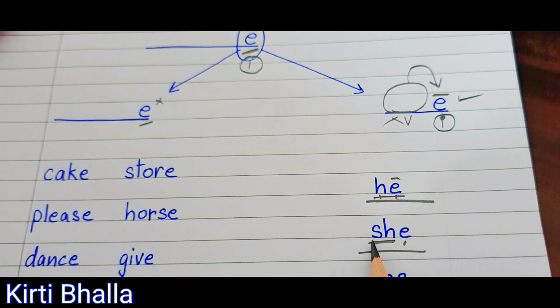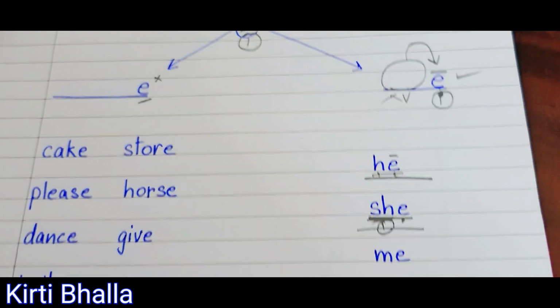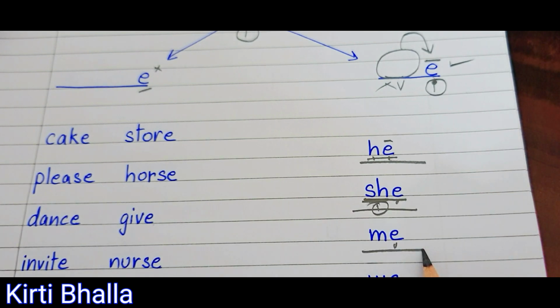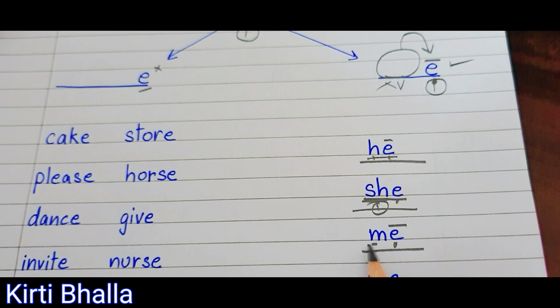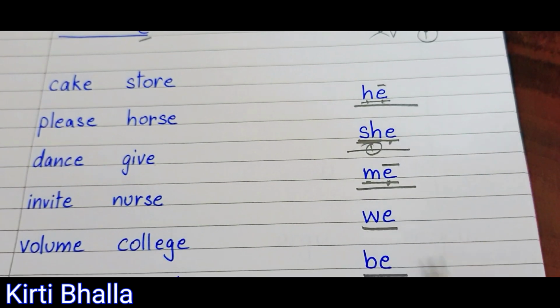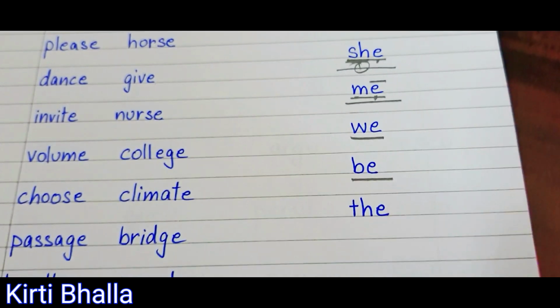So this is one consonant sound, sh, E, she. In the next word also there is a single E at the end, and in this word we don't have any other vowel, just a consonant and ending with letter E, so we have to read the name. So this goes e, me, we, be.